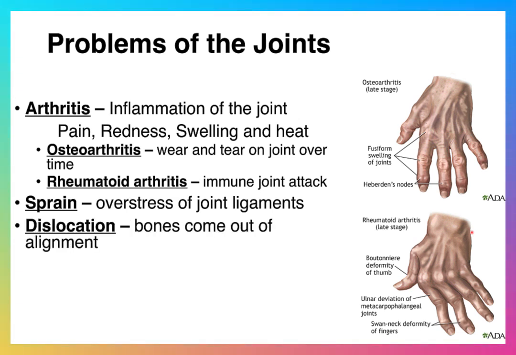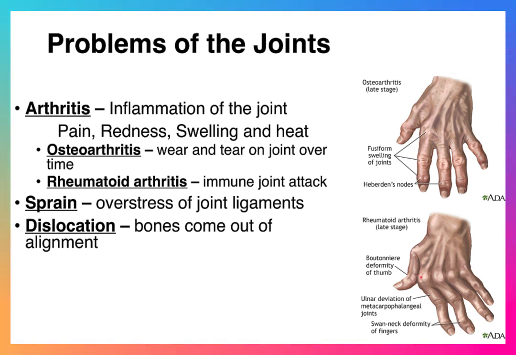Another problem that happens with joints is called a dislocation. And a dislocation occurs when the bone comes out of alignment with where it's supposed to be. In other words, if the finger, for example, becomes dislocated, actually it would be in this area right here.